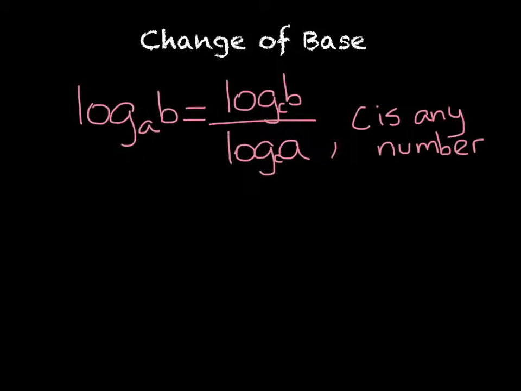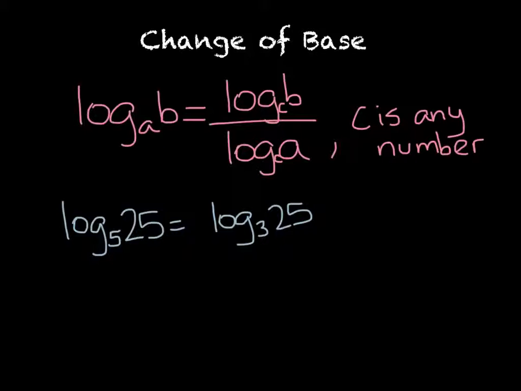So, for example, if I had log base 5 of 25, then I could write that as log base 3 of 25 over log base 3 of 5, or I could have put in any number for 3 here.